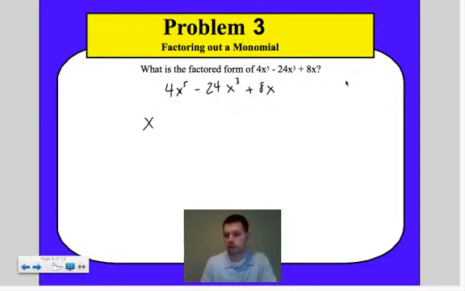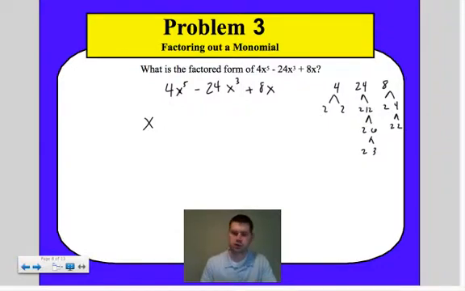Another way would be to pull out the factor tree, and you could write up just the coefficients. I say, hey, 4 is 2 and 2, 24 is 2 and 12, which breaks down to 2 and 6, which breaks down to 2 and 3. And 8 is 2 and 4, and that breaks down to 2 and 2.